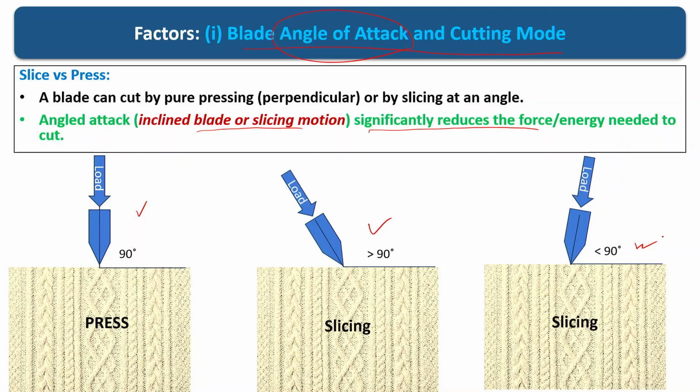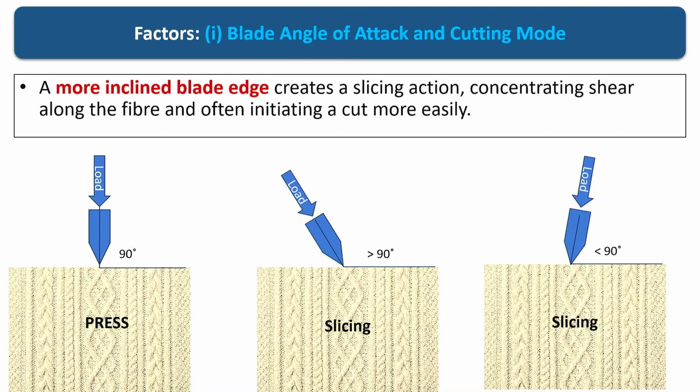So, if there is a certain angle, an inclined blade, and if there is a movement, then there will be a slicing force. A more inclined edge creates slicing action, concentrating the shearing along the fiber and often initiating the cut more easily.